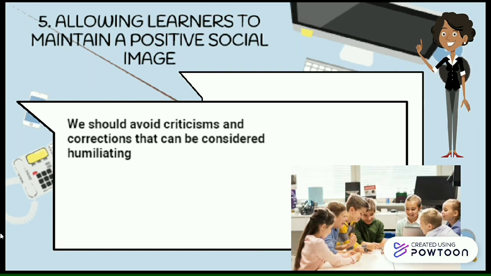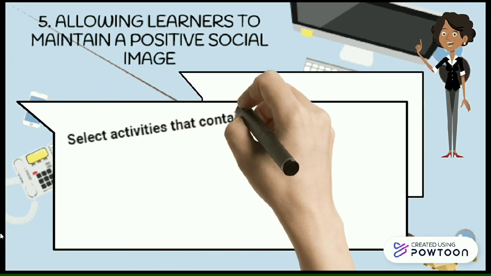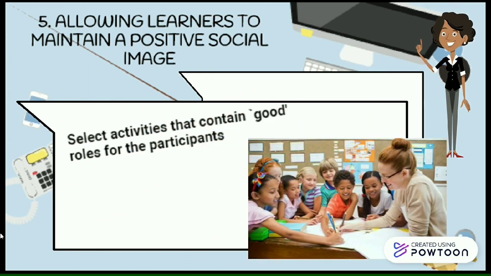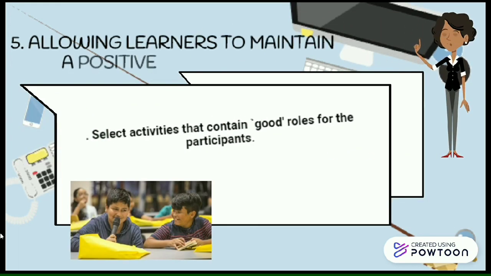Allow learners to maintain a positive social image while engaging, and more specifically select activities that contain good roles for the participants. Avoid face-threatening acts such as humiliating criticisms or putting students on the spot unexpectedly.